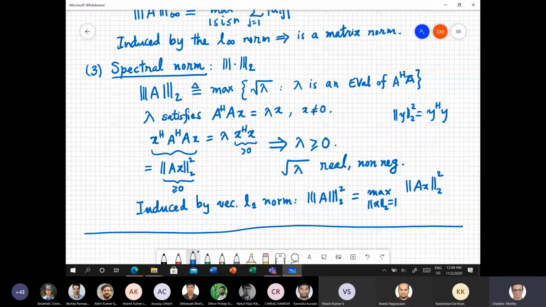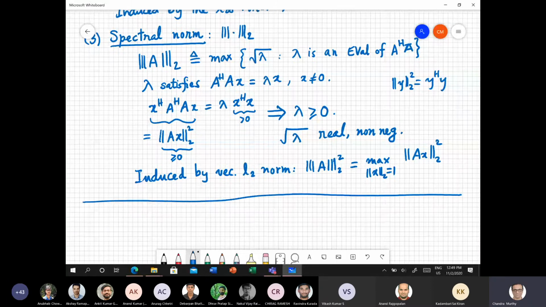We'll discuss the spectral norm more later, but first, before that, recall that for vector norms, we've seen this property before.